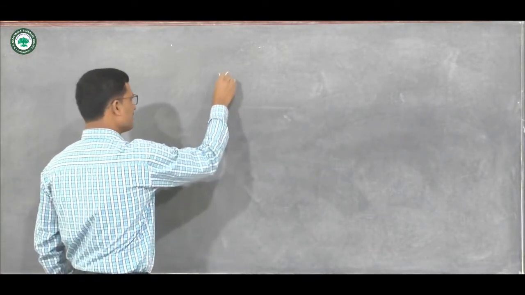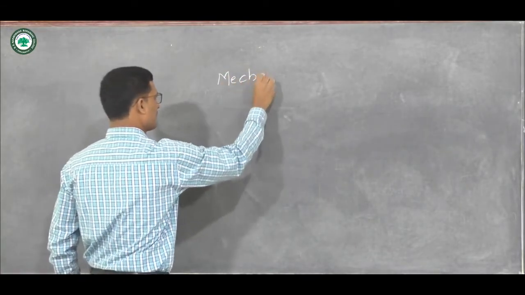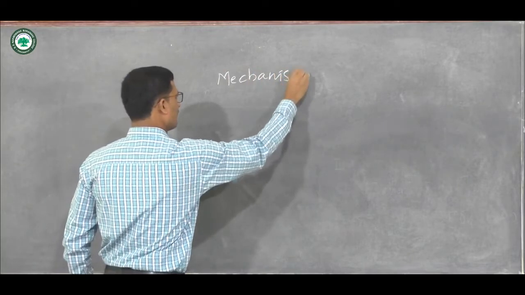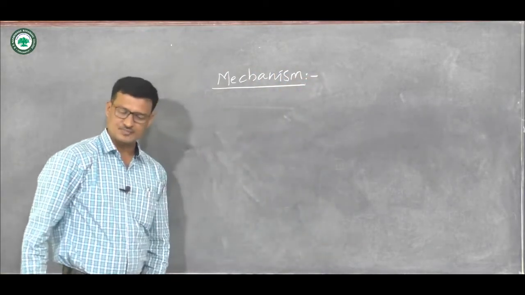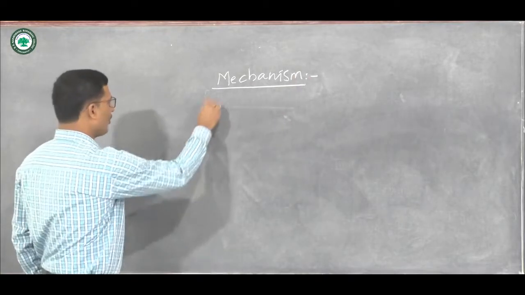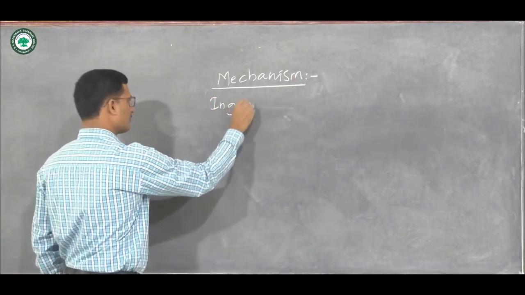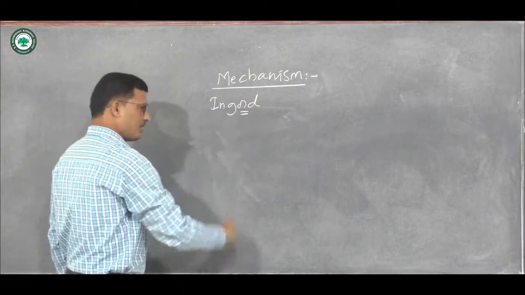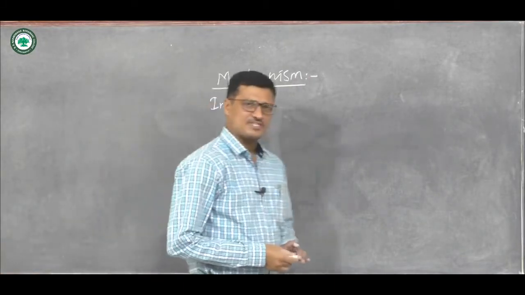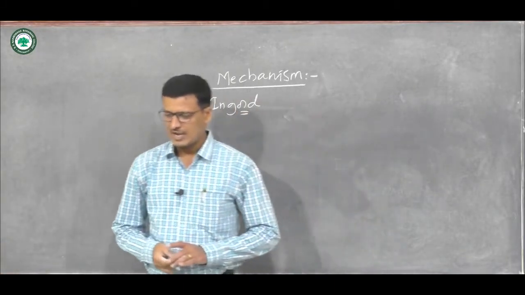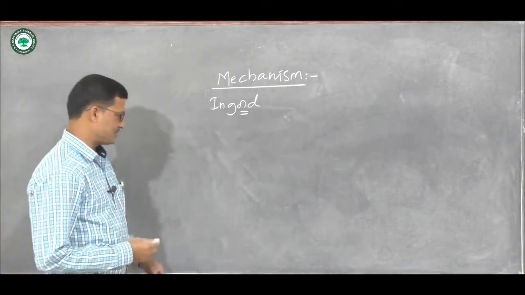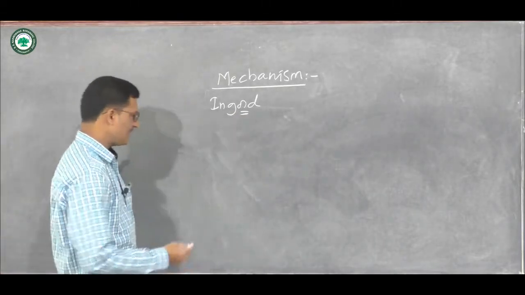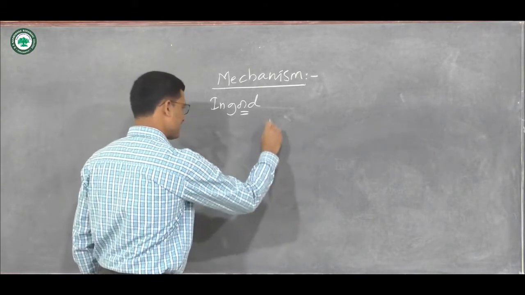And when we want to discuss the mechanism, Ingold proposed the mechanism of the SN2 reaction. And what is the mechanism of the SN2 reaction? We remember there is a substrate.